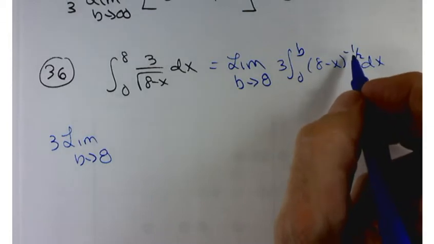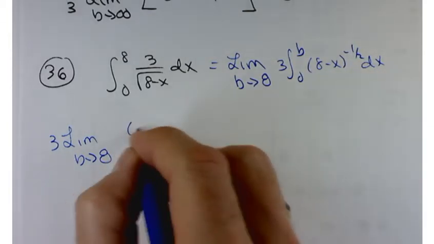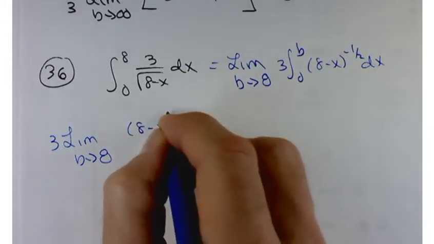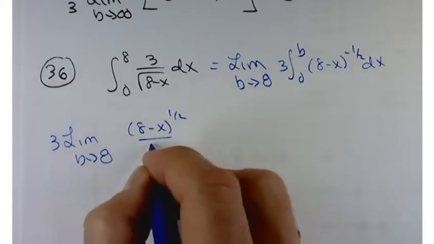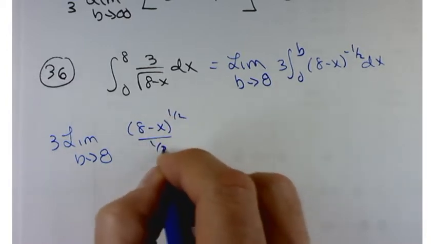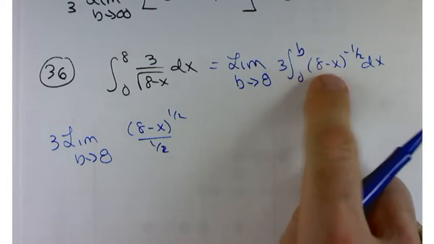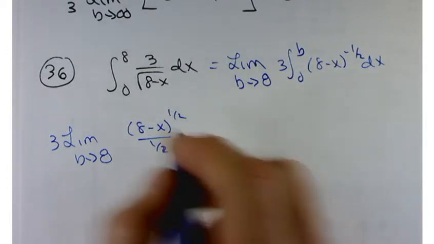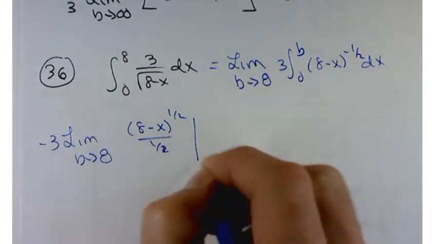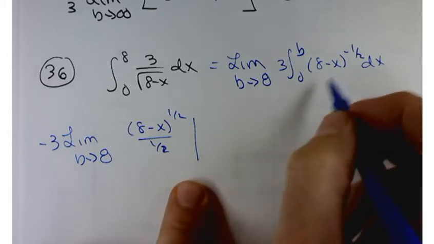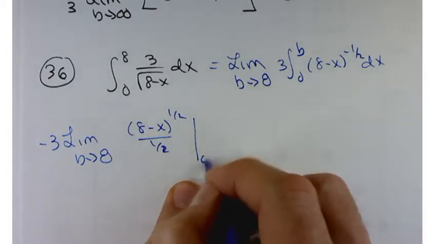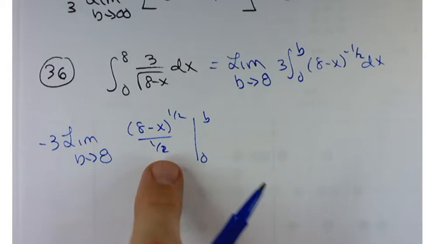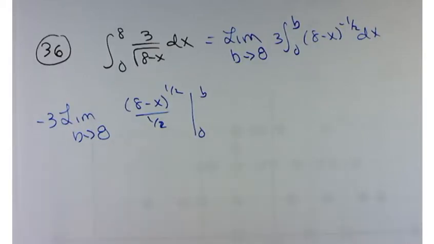Add 1/2 to the exponent, 8 minus x to the 1/2, divide by that same exponent, 1/2. But we're also going to get a factor of a negative here. So I'll take that negative and pull it out front. 0 to b. Let's clean this up a little bit.